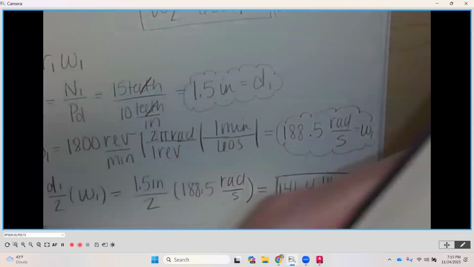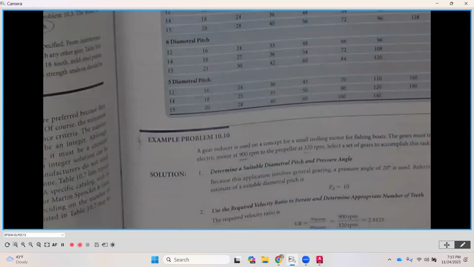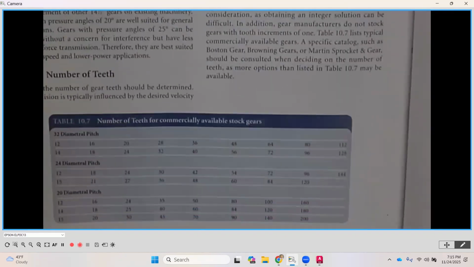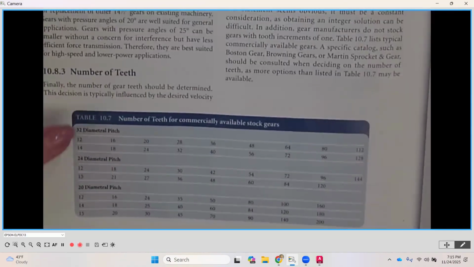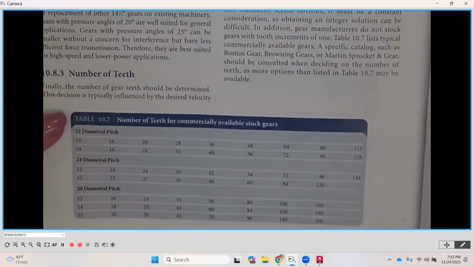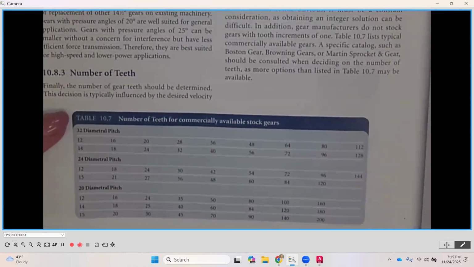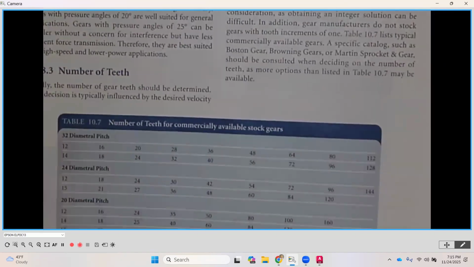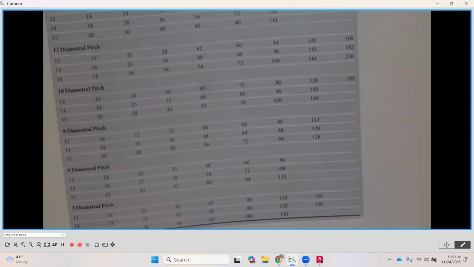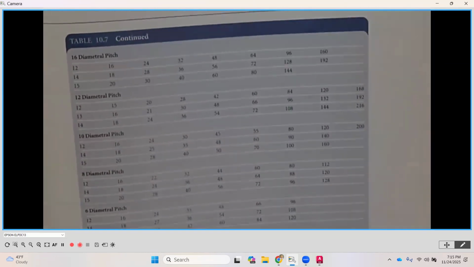So we're going to be picking that diametral pitch. Once we pick our diametral pitch, you'll notice on page 276 starts a chart, and this chart is the number of teeth for commercially available stock gears. This chart starts on the bottom of page 276 and continues to the top of page 277.